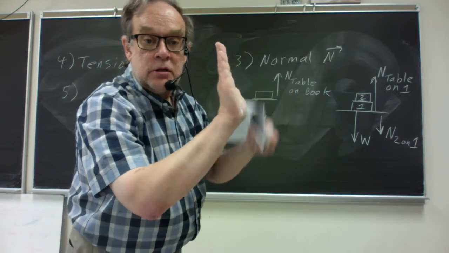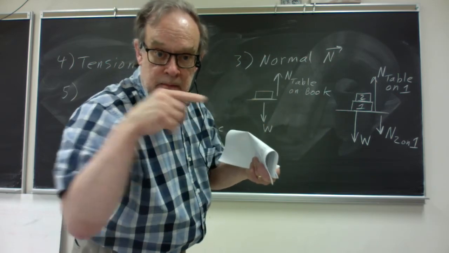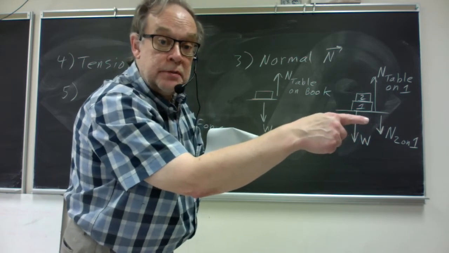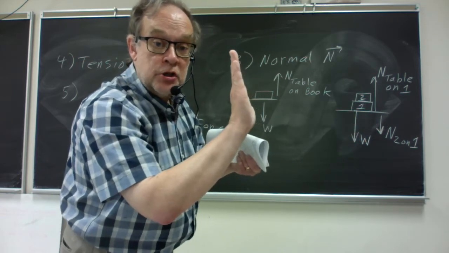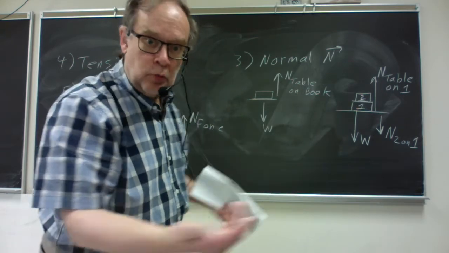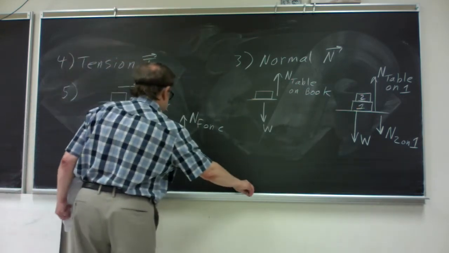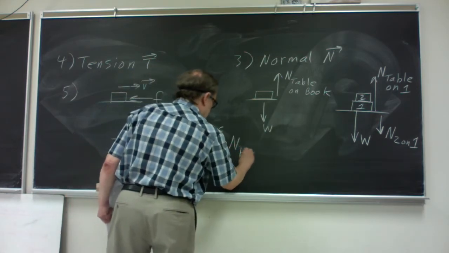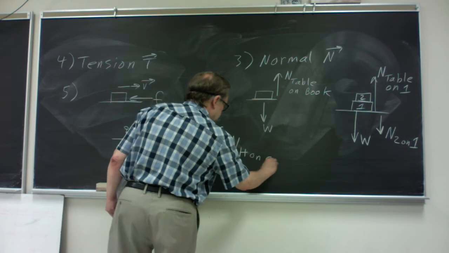My hands are a vertical surface, and they apply a horizontal push to the crate. Right? A surface pushing in the perpendicular direction, that's another normal force. Normal force from my hands on the crate.